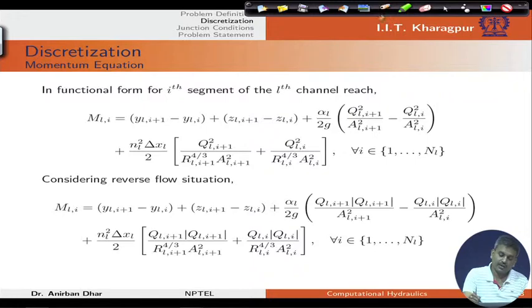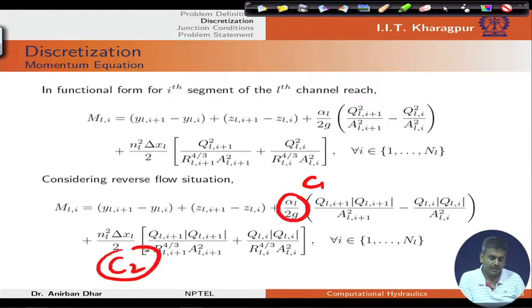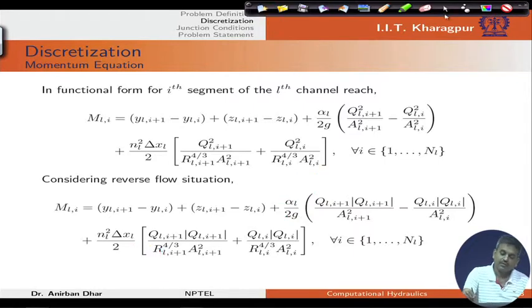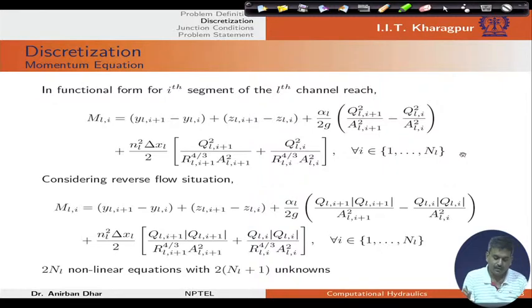Now, outside we have only alpha L by 2 g, divided by 2 g N L square, delta x L divided by 2. So, in this case this term is not C1 and C2, because we do not have a q square term there. So, we can define two new terms in the next slide.